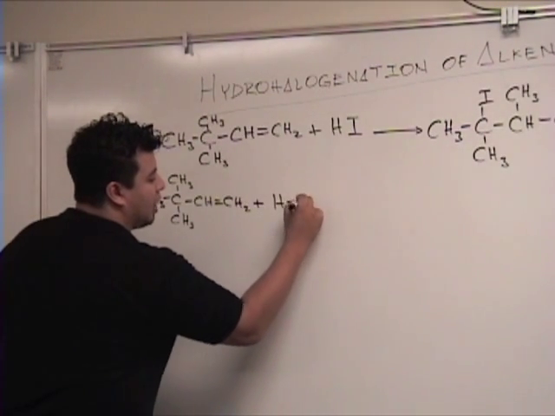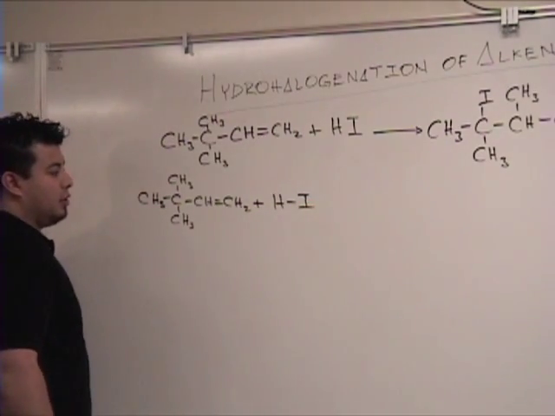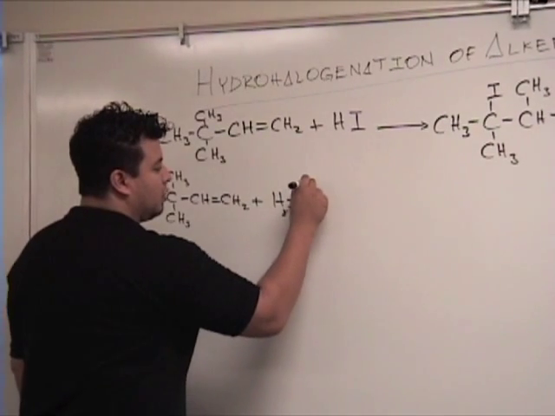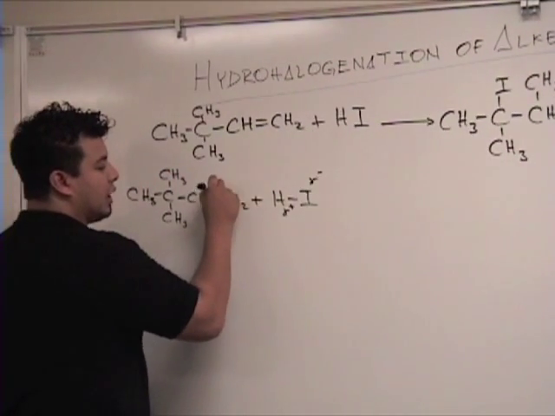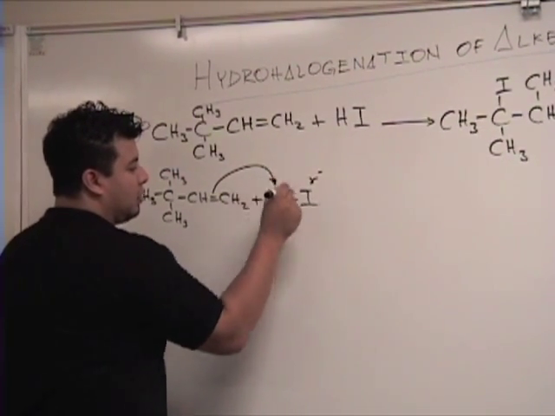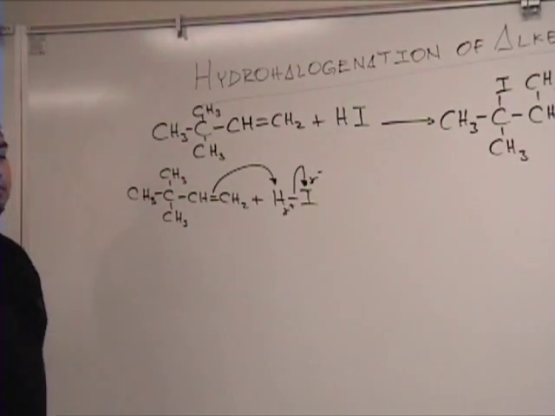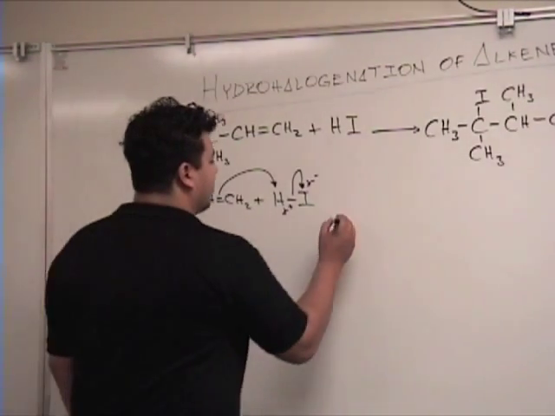Plus the HI. I'm showing the bond. Now, we know this is partial positive, partial negative. This is going to attack the partial positive, and this is going to leave, taking the electrons with it.